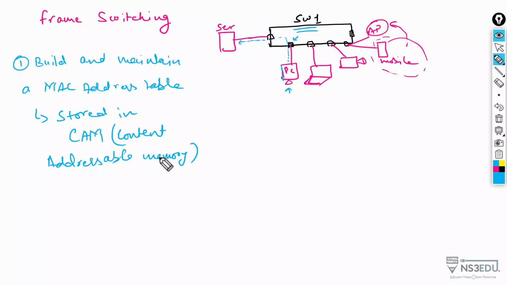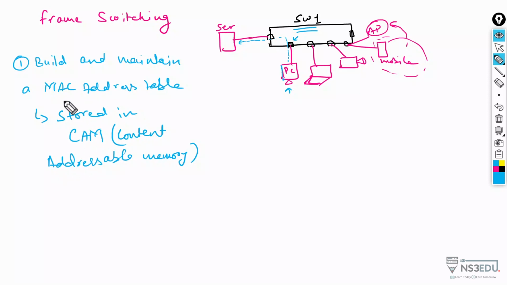It is the same as having an operating system installed on a hard drive: the hard drive here is the content addressable memory and the MAC address is the operating system, for example. So that MAC address is then stored in the CAM table.